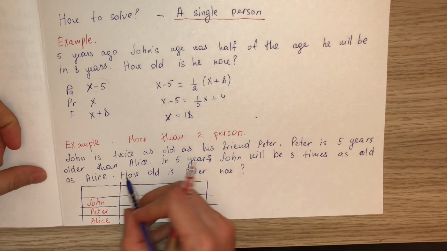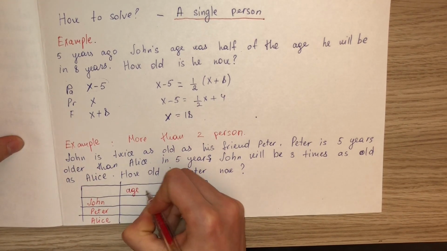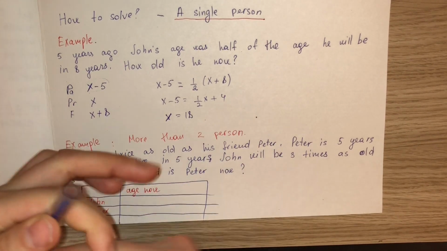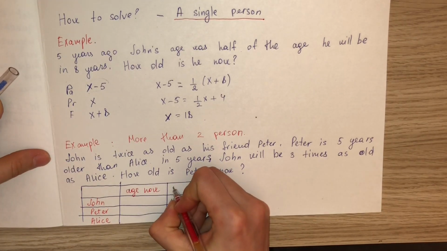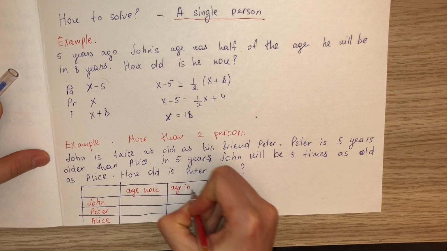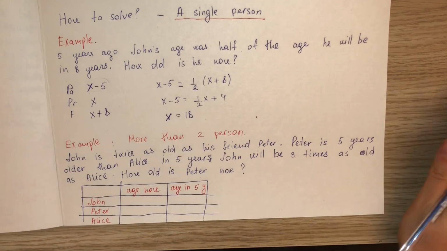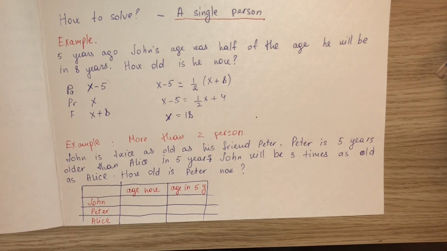What about age? This is age now, and this is age in 5 years. So our second step is filling the table with information given in the question.